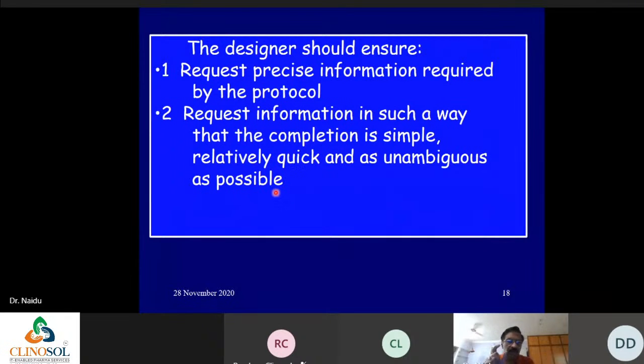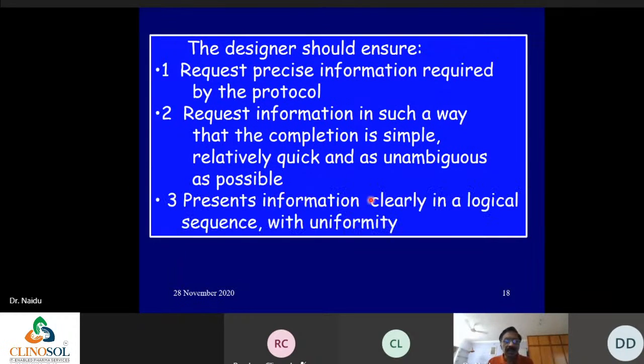So he runs a dummy run to see whether it is simple, whether it can be done quickly, whether there is any confusion. He does a mock run of the case record form filling, and they present the information very clearly in a logical sequence, and uniformity is very, very important.